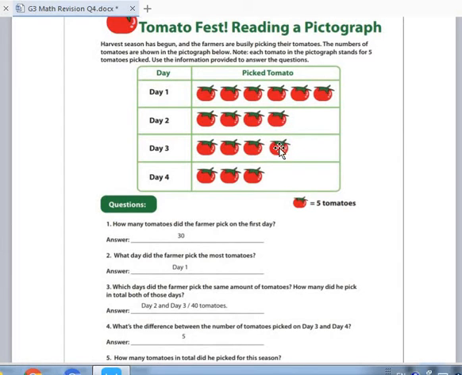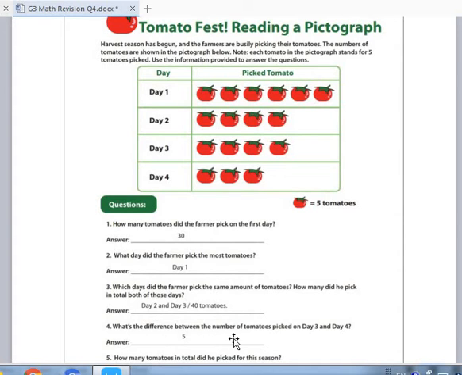So how many did they pick in both days? I have here 1, 2, 3, 4. 4 times 5 equals 20. Day 2, he collected 20 tomatoes. And in day 3, the same 20. So 20 plus 20 will give you 40 tomatoes.